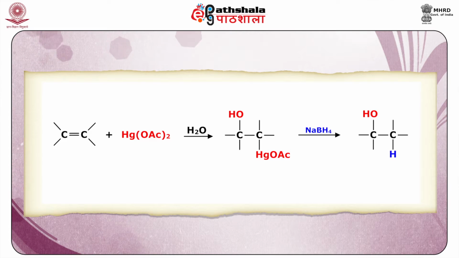And further in the second step, with reduction with sodium borohydride, there will be replacement of this HgOAc with H, and that is how you get the corresponding reduced product, which is the alcohol. And overall notice that the addition of H and OH is happening in a Markovnikov manner to the alkene.